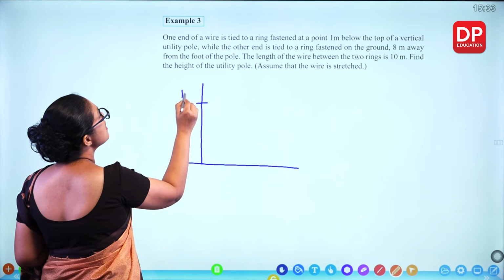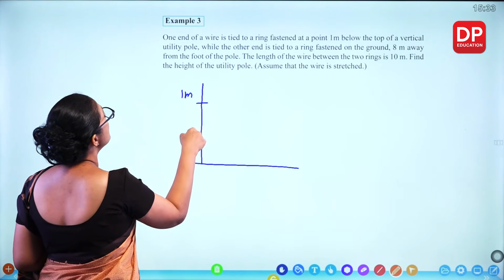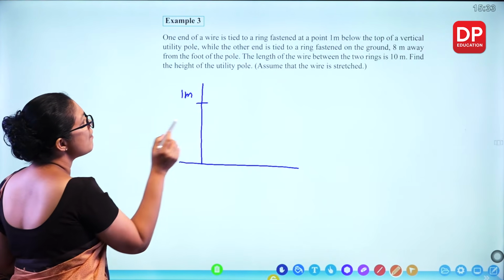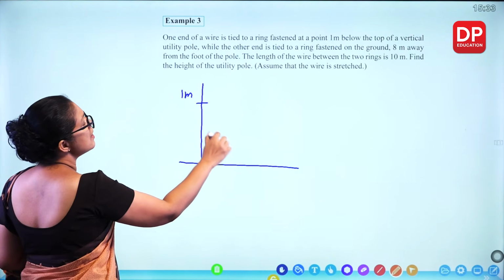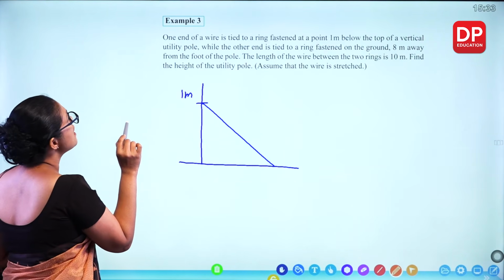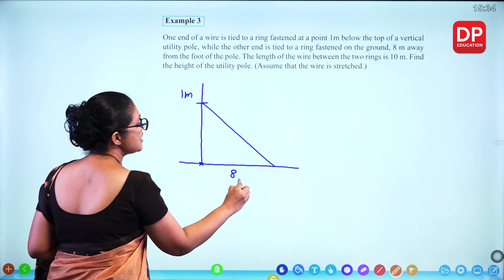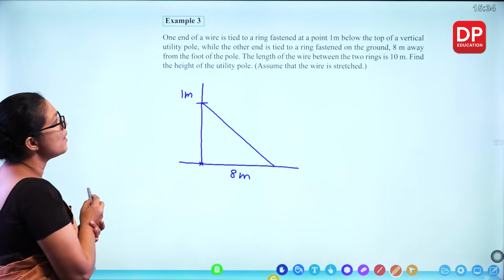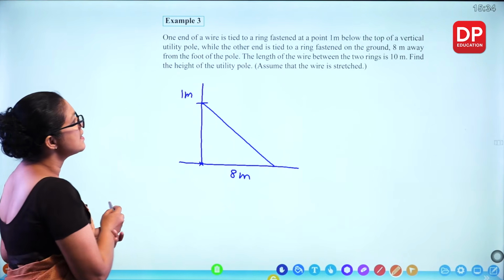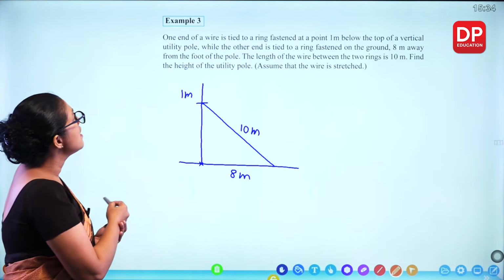So 1 meter below the top of a vertical utility pole, while the other end is tied to a ring fastened on the ground, something like this, 8 meters away from the foot of the pole, here to here. The length of the wire between the two rings is 10 meters. So this is given as 10 meters.